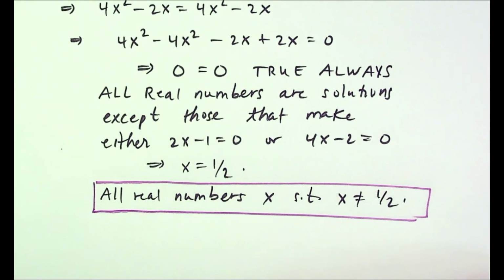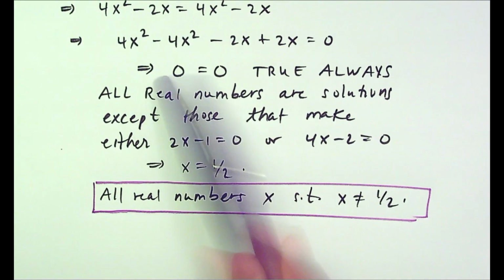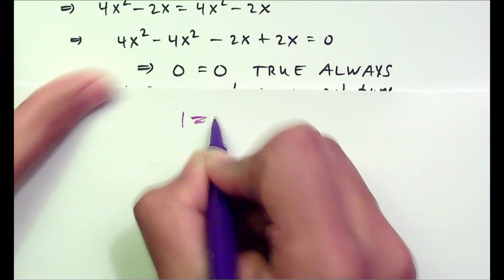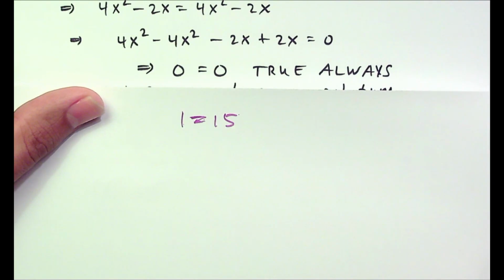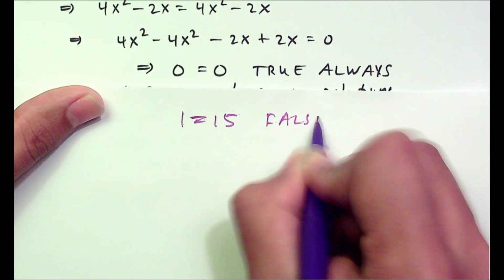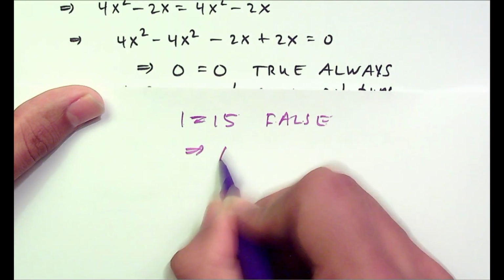In this case, now, another thing that could happen: in this case you get 0 equals 0, that's a true statement always, so it means every single real number is a solution except the obvious one that needs to be discarded. If you happen to get something that is always false, such as 1 equals 15, in that case, since that is always false, that would mean that there's no solution whatsoever.